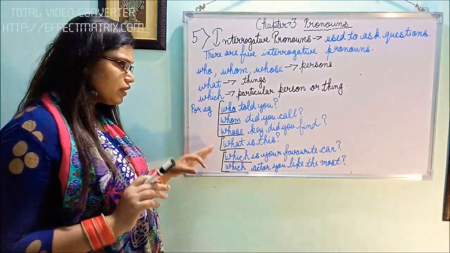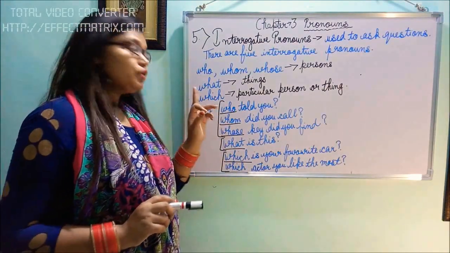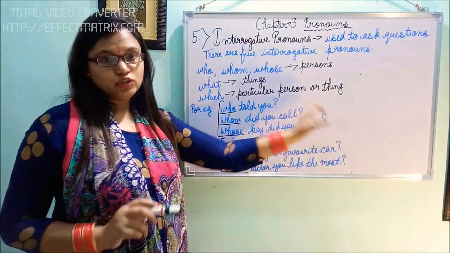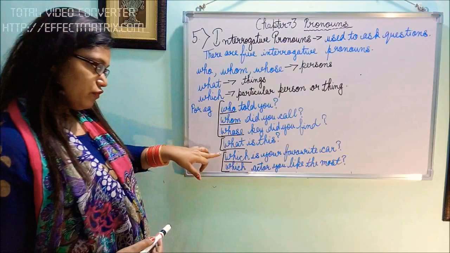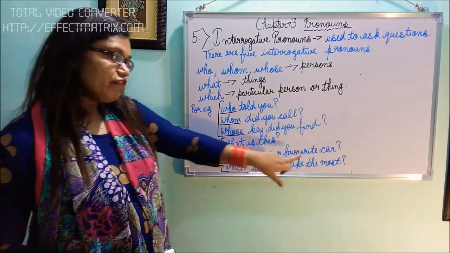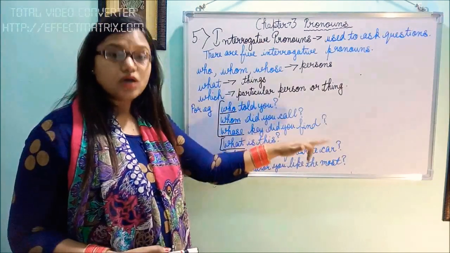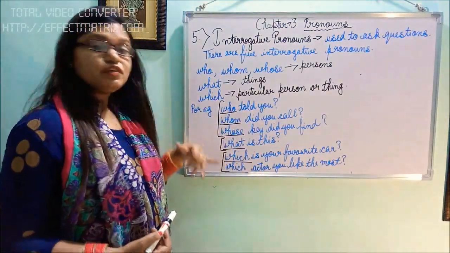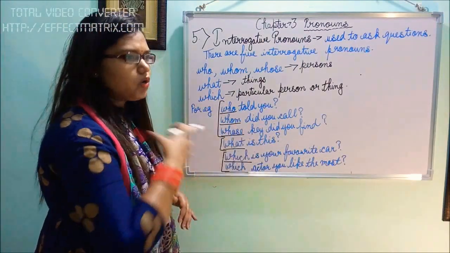Understand? Now next is which. I told you which we will use for a particular person or particular thing to ask a question. Now in the first example, "Which is your favorite car?" Here I am talking about a car, a particular thing. So here we have used which for a particular car. I am asking about a particular car, not all the cars.